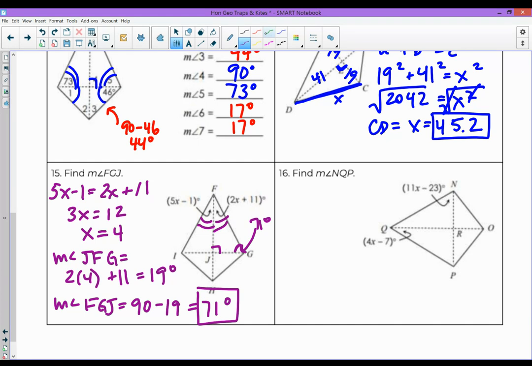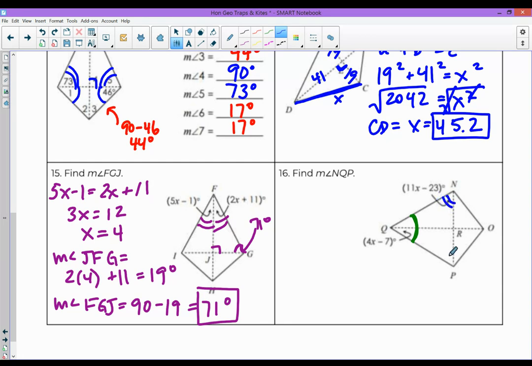Okay, and then finally, we want to find the measure of angle NQP. NQP, so that's this whole angle there. So let's see what we know first. We have this angle and this angle. What I already know is that this, okay, well, I want it to look like 2 marks.